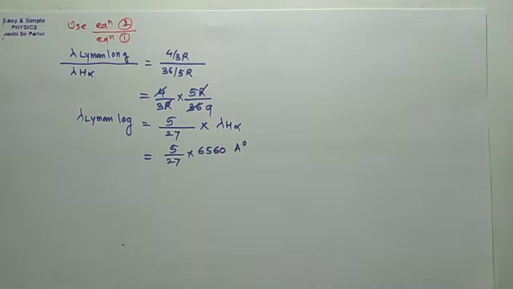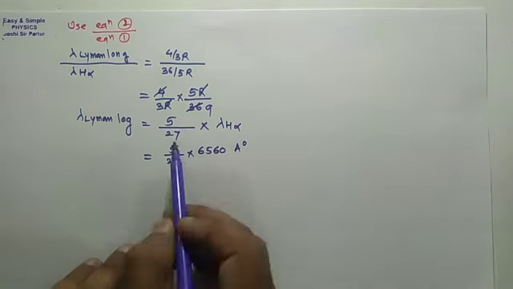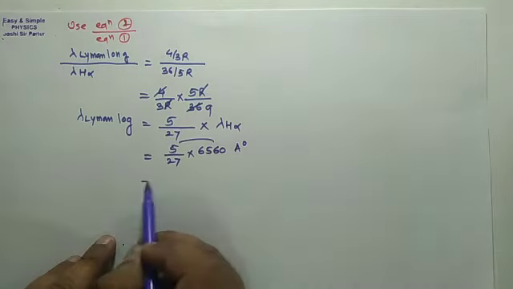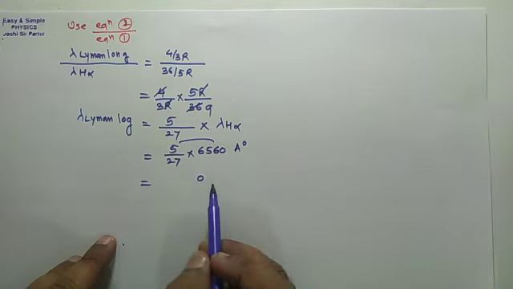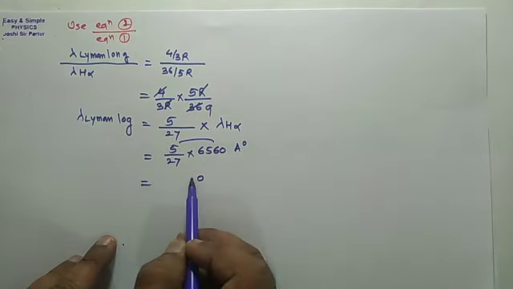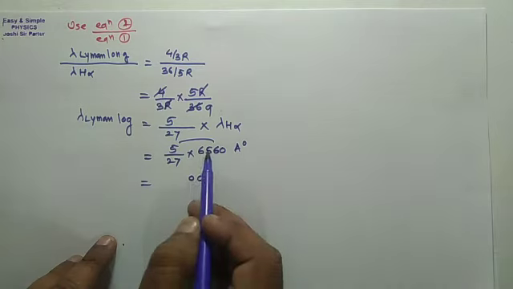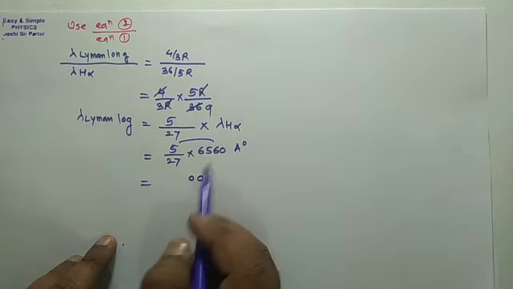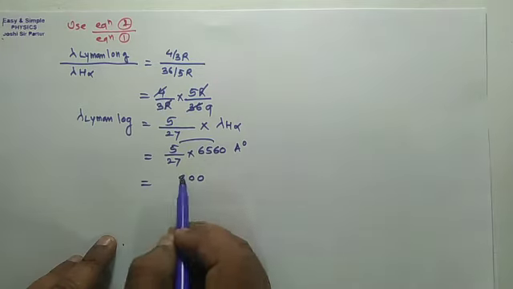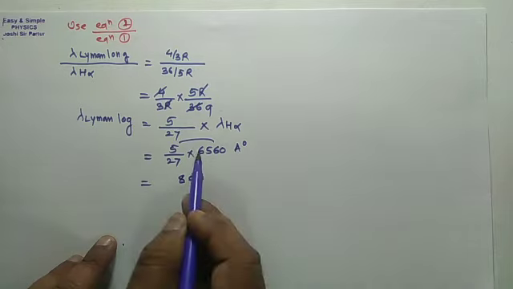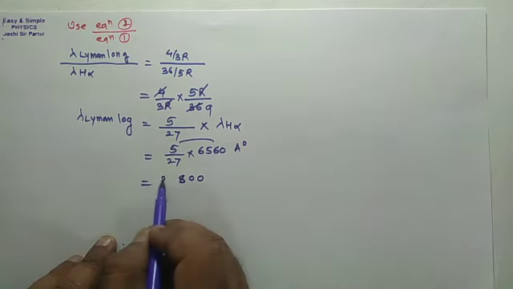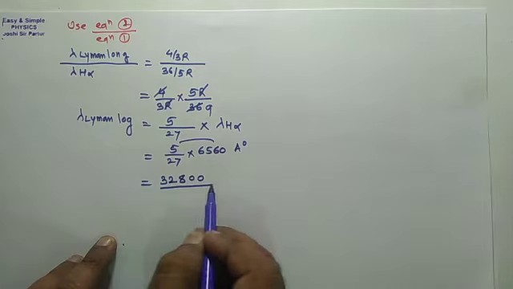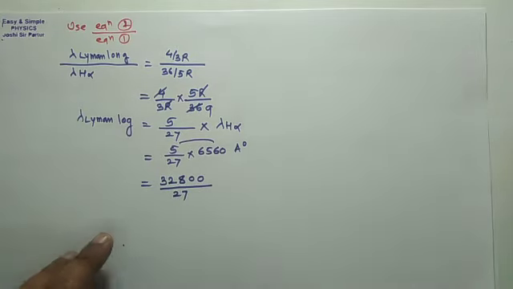Here we can solve by taking logarithm. First of all, we multiply by 5. 0 into 5 is 0. 5 sixes are 30, 3 is remaining. 5 fives are 25, 3 is 28, 2 is remaining. 5 sixes are 30, and 2 is 32. So 32,800 divided by 27.